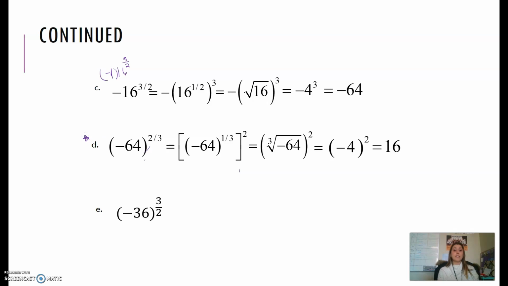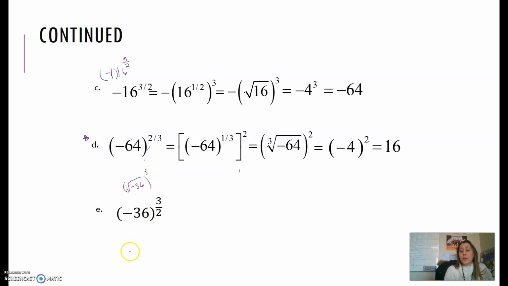Here's another good example. So you're going to see both of these forms right here of the fraction, so be careful when you're reading. You're going to see this all the time. So this would be rewritten as the square root of negative 36 taken to the third power, right?